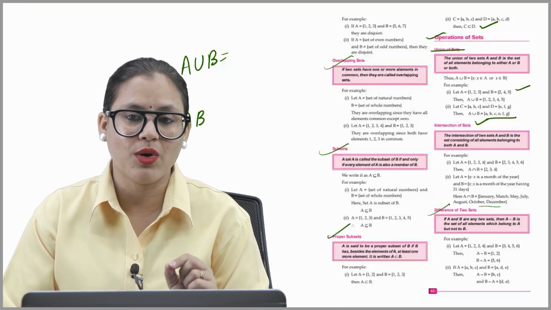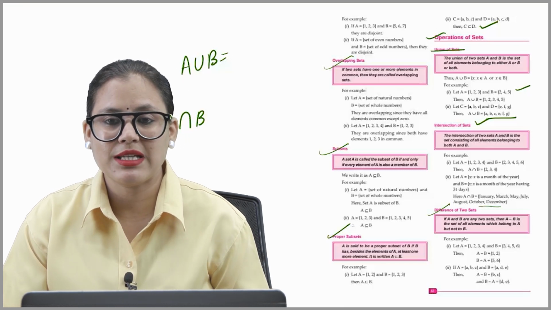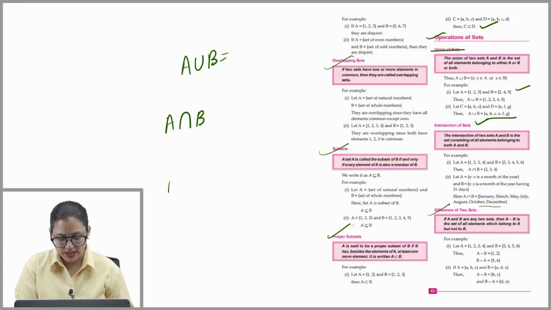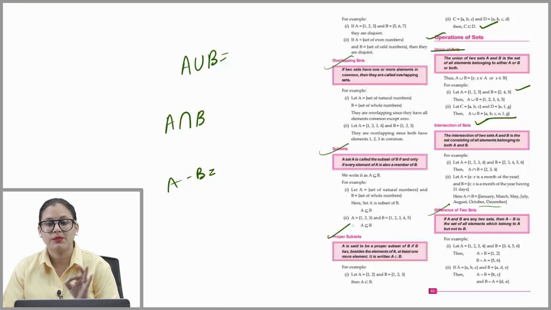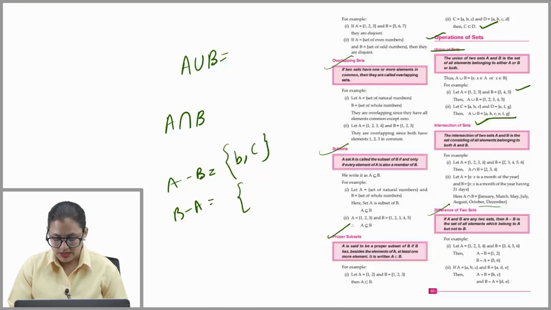And B minus A is {5}. Let A = {a, b, c} and B = {a, d, e}. So A minus B is {b, c}, in curly brackets. And B minus A is {d, e}.